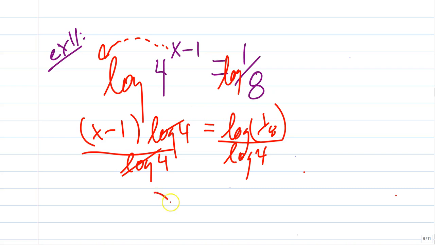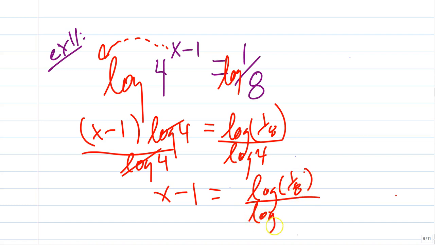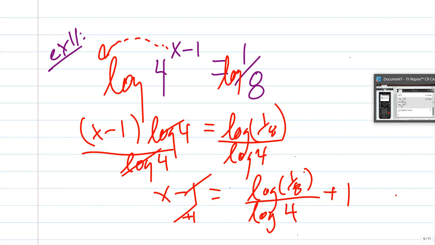So now I have x minus 1 is equal to log of 1/8 divided by log of 4. And then we would add 1 at the end, and this would be our answer. But what is log of 1/8 divided by log of 4 plus 1? Well, let's see.